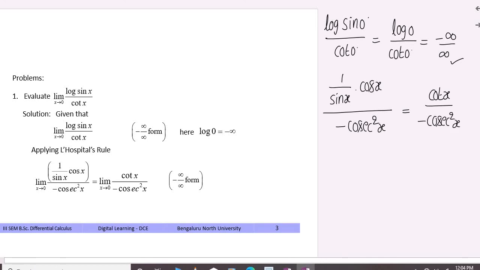Now substitute x equal to 0. Cot 0 divided by minus cosecant square 0. Cot 0 is infinity, minus as it is, cosecant 0 is infinity, infinity square is infinity. This is indeterminate form.